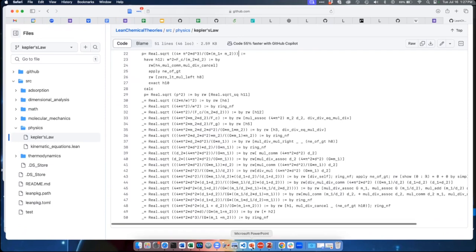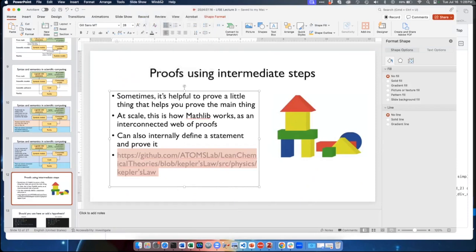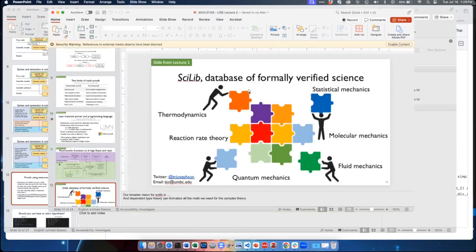The generalized version of what dimensional analysis is an abelian group, and you could write theorems about it that might be useful for those things, but specifically saying, I want this to deal with my familiar units like length, mass, time, luminosity, electric current, things like that, that kind of specialization is going to be something outside of Mathlib that we would very much include in something like, let me show a familiar slide again, Scilab, a database of formally verified science.